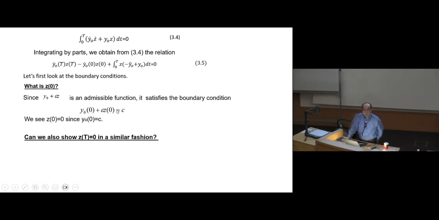If we had a condition like y naught at t equals a fixed value, then we could do it. But in the original statement, we only know the initial point, right? We didn't put any condition on the final point.